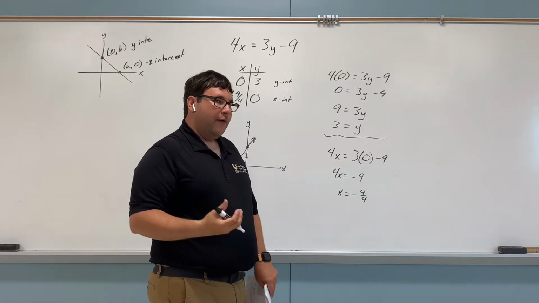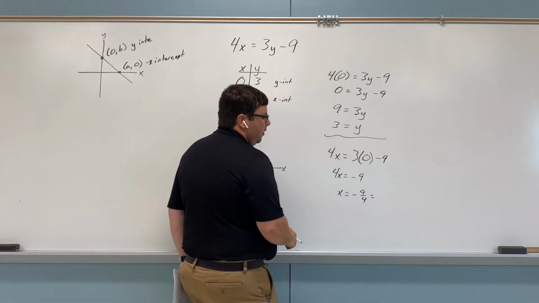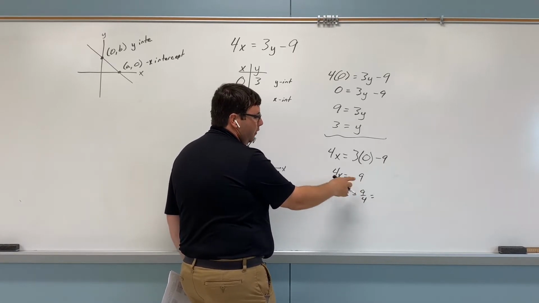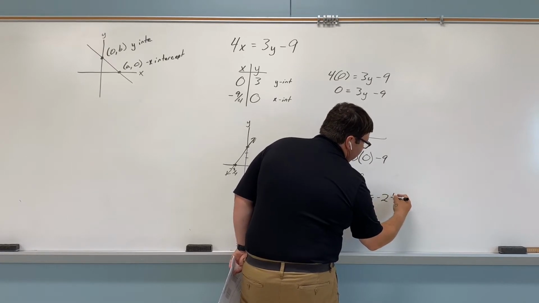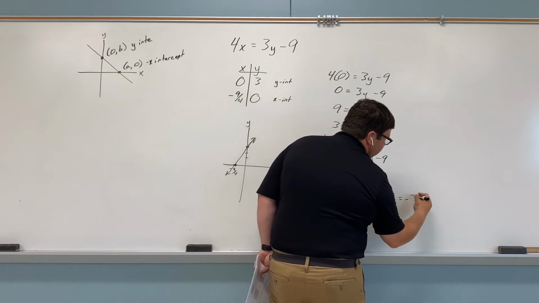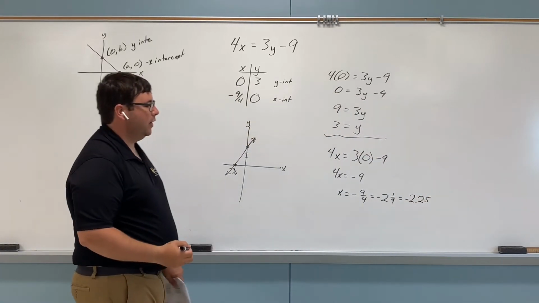But if you're using graphing paper, you're doing this by hand, then what you would be looking at is, where is this value? So 4 goes into 9 twice, so that would be a negative 2 and 1/4, or a negative 2.25 if you're punching it into a calculator.